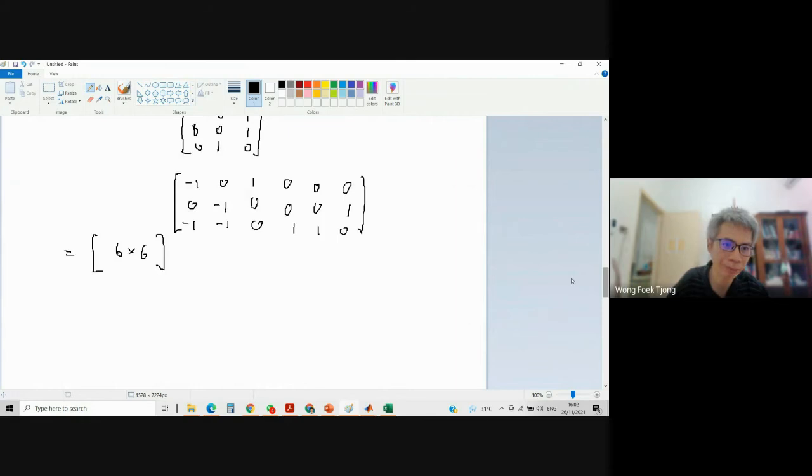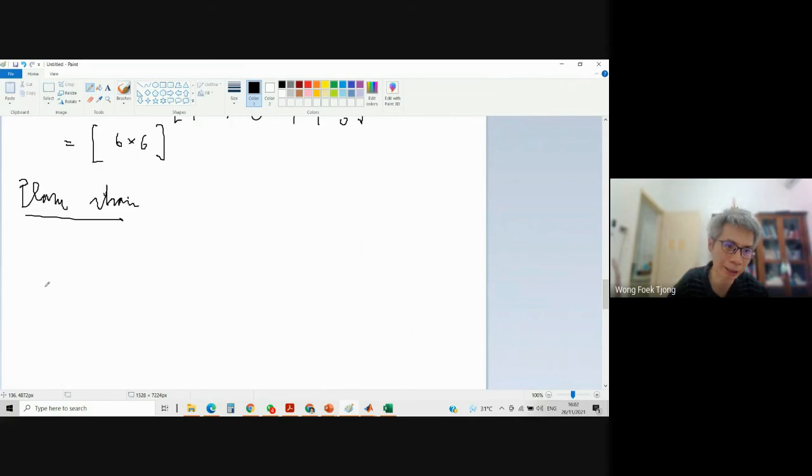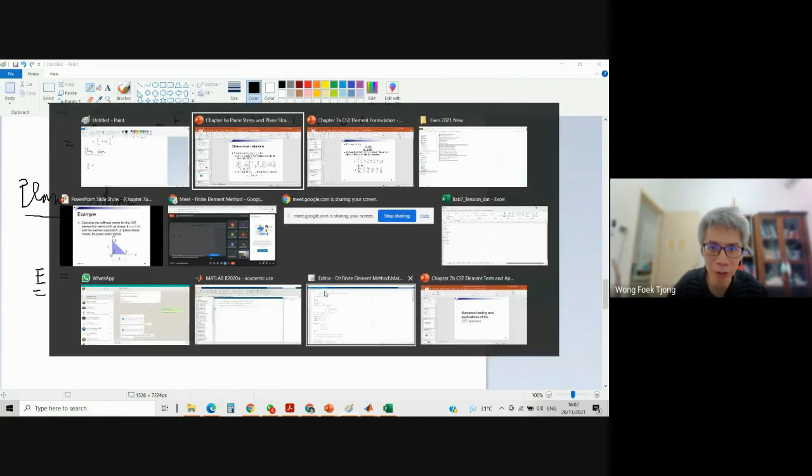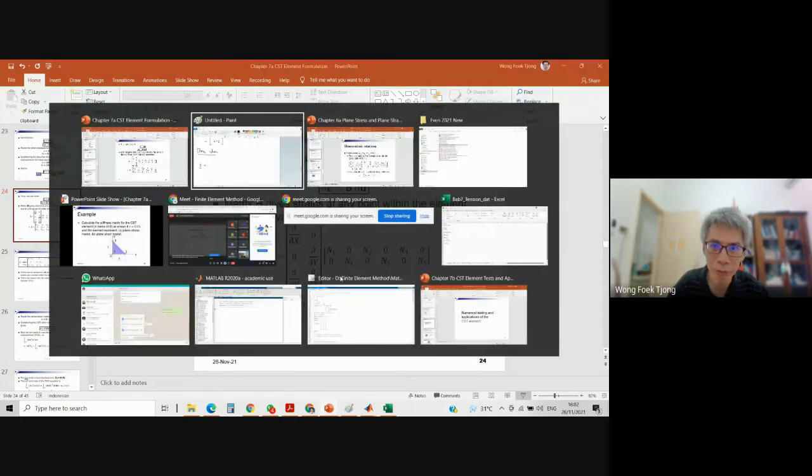How about plane strain? What changes if this is a plane strain problem? The only change is not B but the matrix E, which follows these constitutive equations. Where's the slide for the constitutive equations?